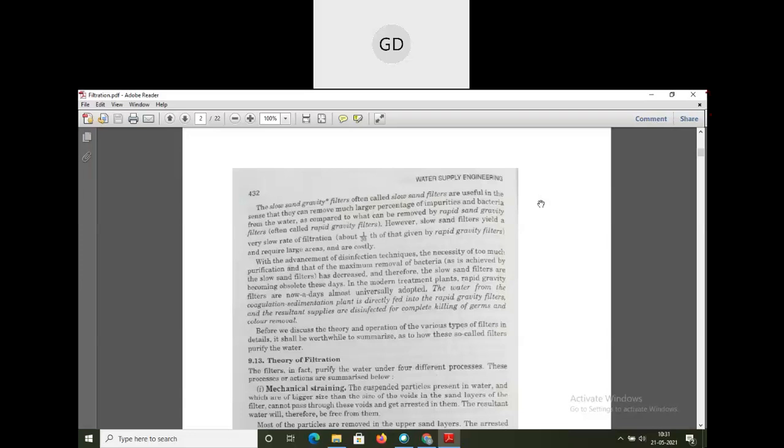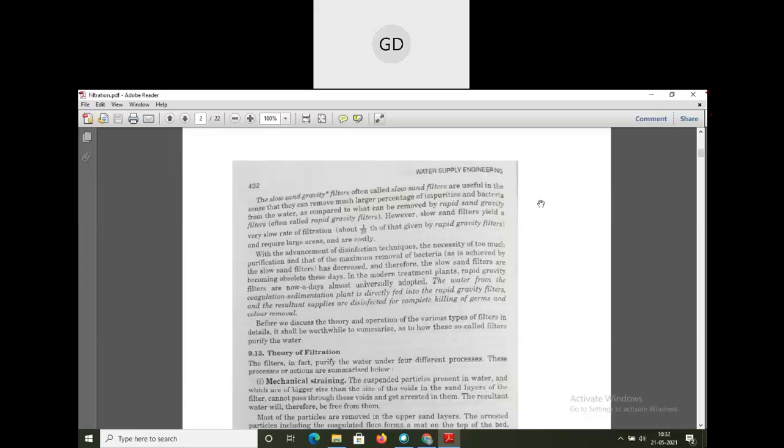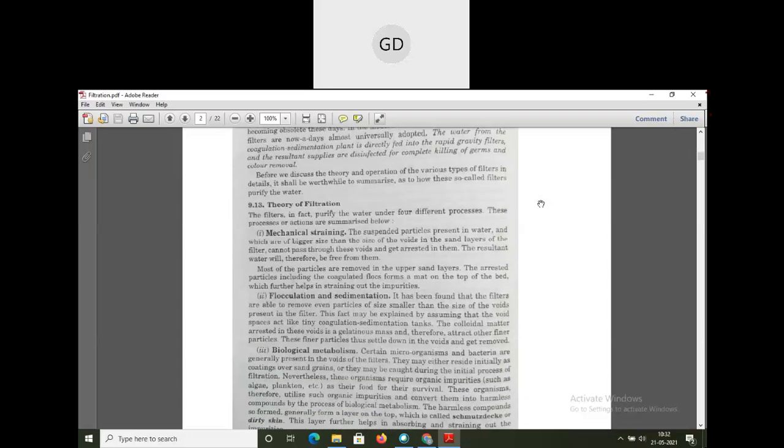Before going to slow sand filters, we will learn some theories used for filtration. So what are the theories behind filtration? Number one is mechanical straining.